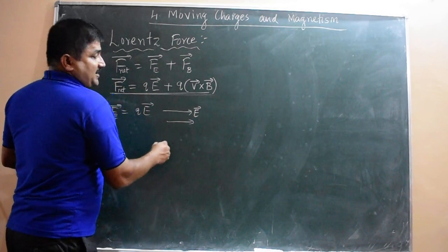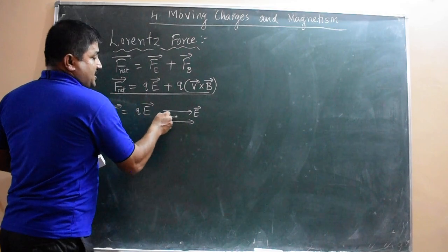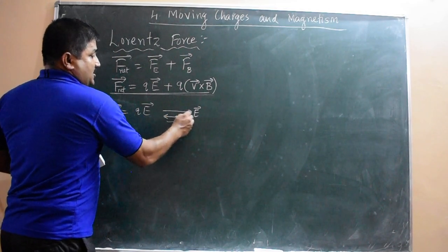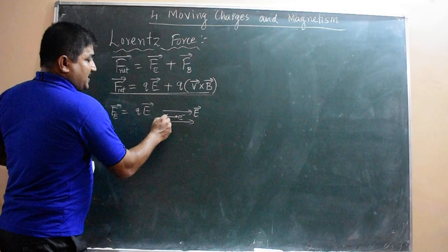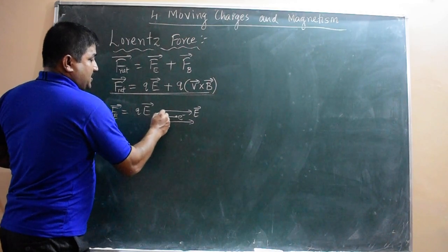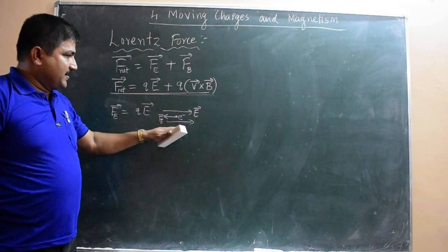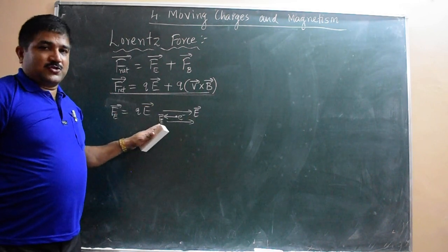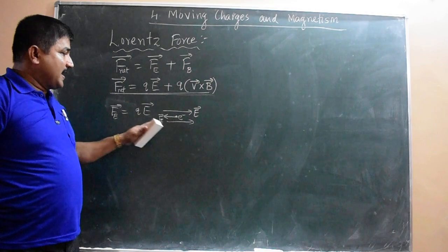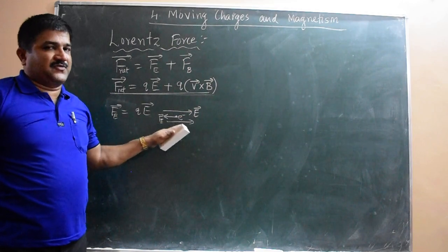If a stationary electron is placed in the electric field, then the force experienced by the electron is opposite to the electric field. The electric field is towards the right side in the diagram, and the electrostatic force on the electron is opposite to the electric field.